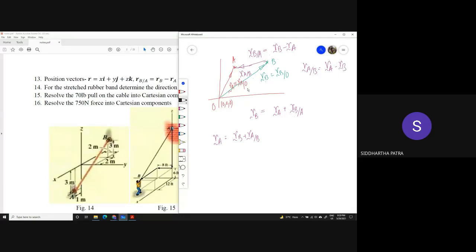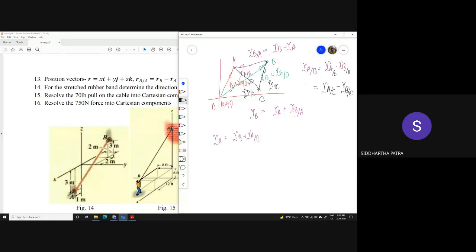Now let us take another point, C, and this time I have R of A with respect to C and R of B with respect to C. There is the position vector of B with respect to C and the position vector of A with respect to C, and it can be clearly shown that R of A with respect to B is also R of A with respect to C minus R of B with respect to C. So it doesn't matter which point you take as the original point.